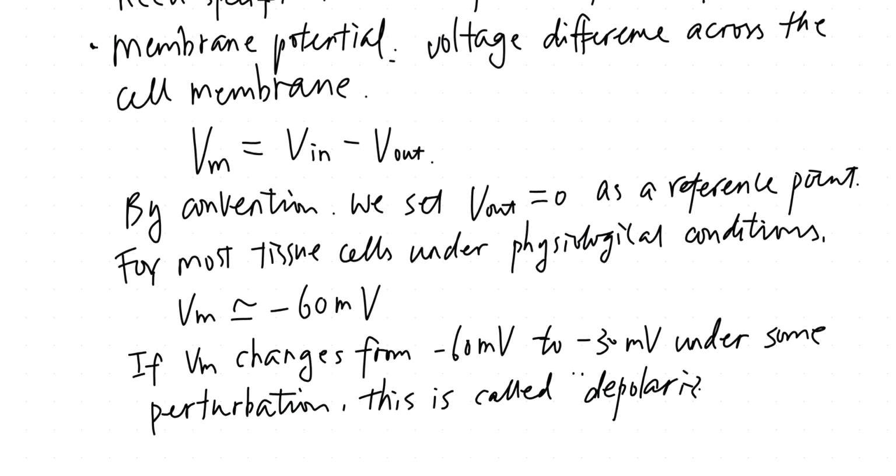So when cells have negative voltage inside, it's considered polarized. When it becomes less negative, it means depolarized. That is the language used in this field.